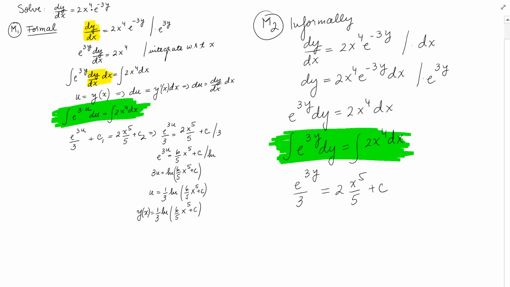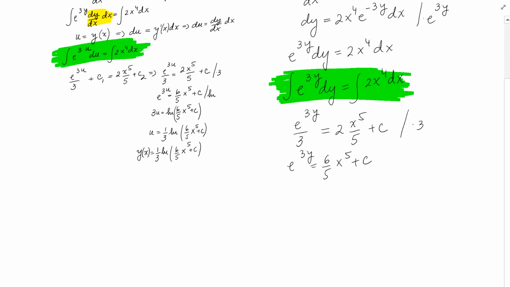Then e to 3y equals 6 over 5 x to the 5th plus a constant, and when we apply ln, we get 3y equals ln of 6 over 5 x to the 5th plus c. So y equals 1 over 3 ln of 6 over 5 x to the 5th plus c.